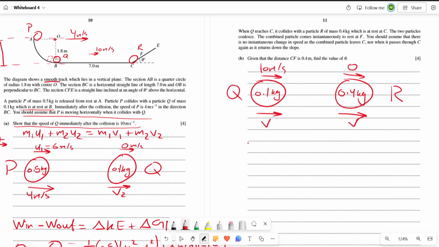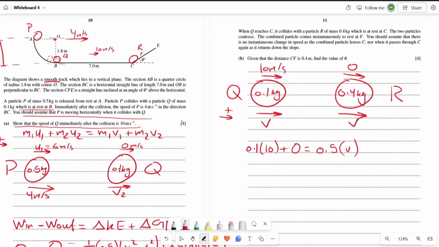m1 is 0.1, u1 is 10. Again, I'm going to take right as positive, plus m2, 0.4, times u2, which is 0, so it's just going to be plus 0, equals m. Now, the mass of both particles, because they combine, I'm going to have just a single mass of 0.5 and a single velocity v.